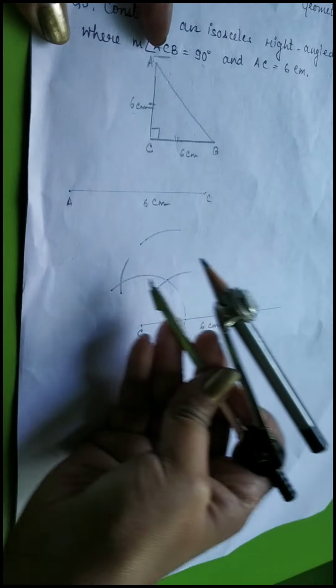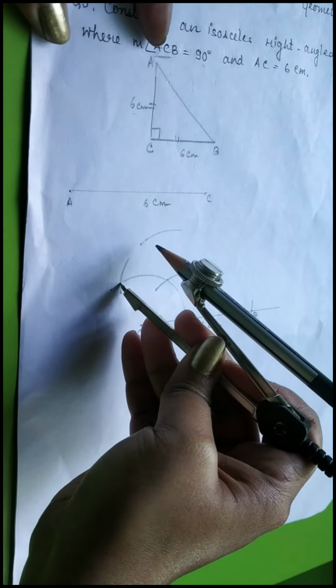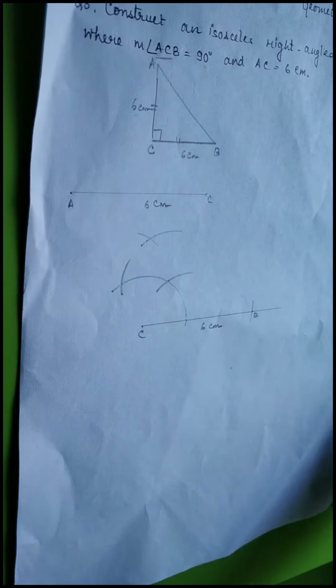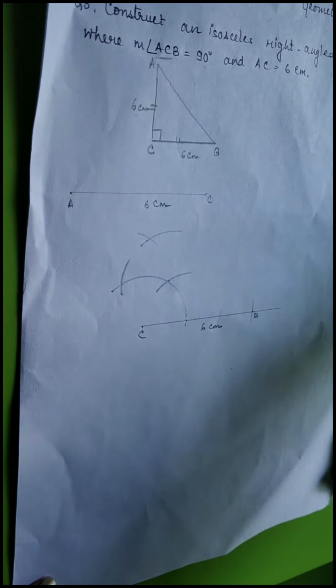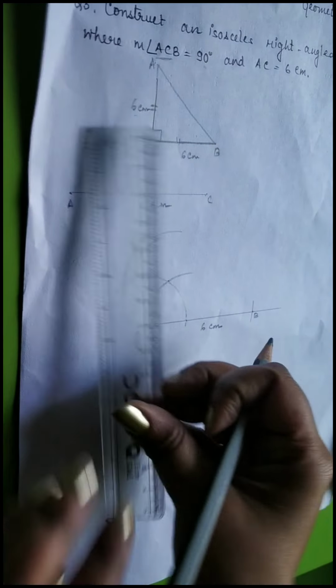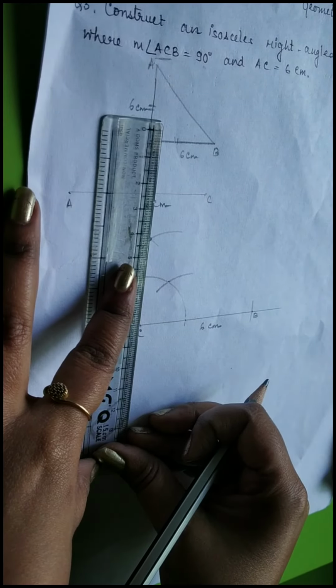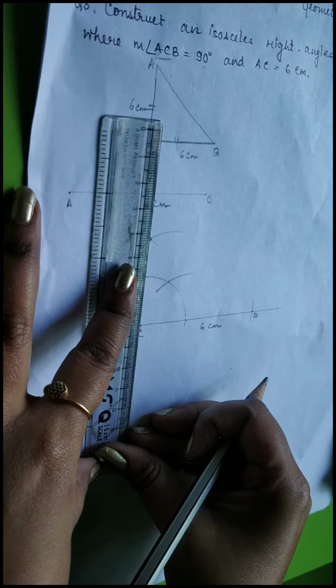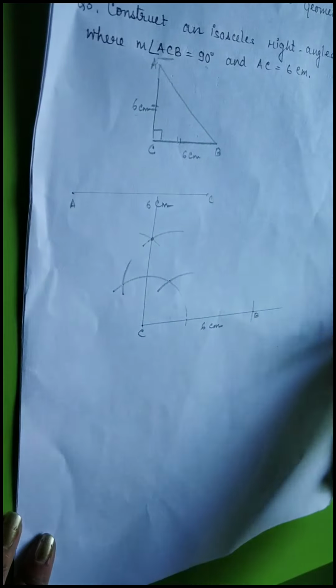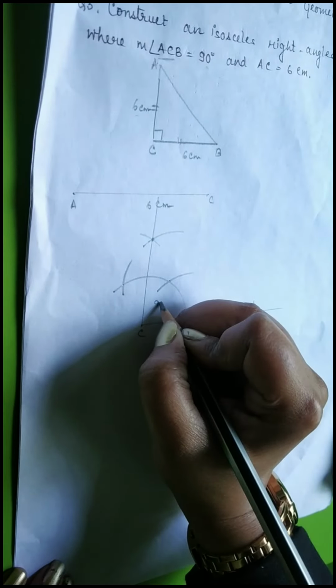Now with the same measurement from this point of intersection we'll cut the previous arc. So here is the point of intersection. Now if you join this, we'll get 90 degrees.